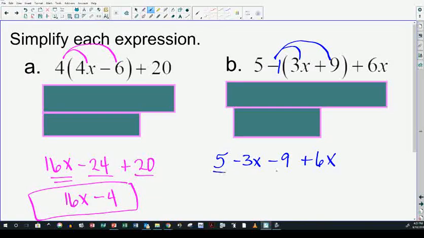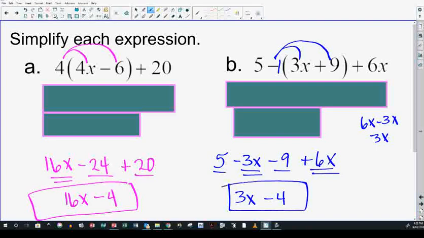So now I have a 5 minus 9, and then I have negative 3x plus 6x. So 6x minus 3x is 3x. And then 5 minus 9 is negative 4. So there's your final answer.